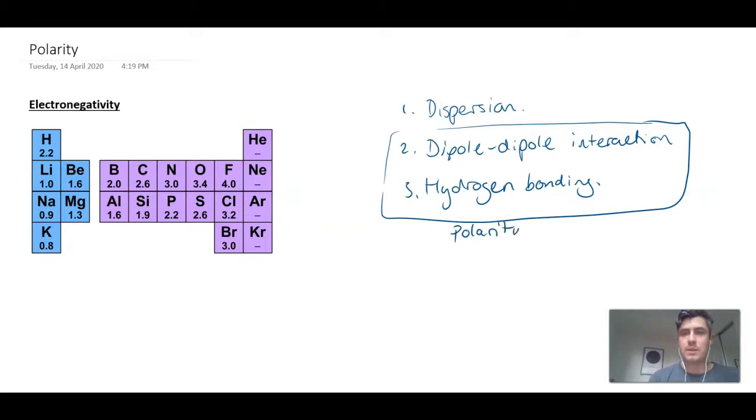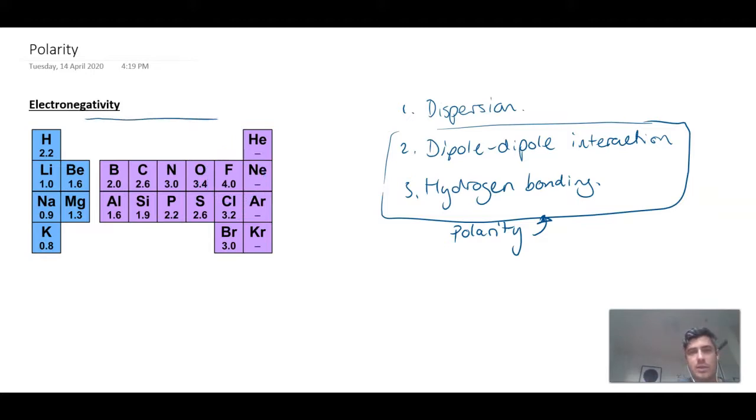So to understand polarity, we first need to go right back to talking about electronegativity. So you can see here the electronegativities of various elements, S and P block elements. And you can see that the most electronegative one is fluorine on this chart here, and that's generally the trend on the periodic table.